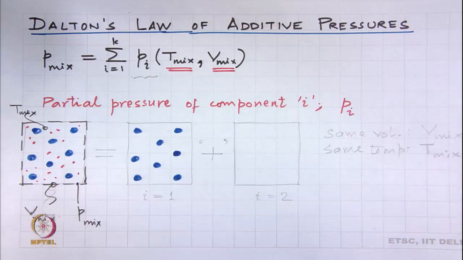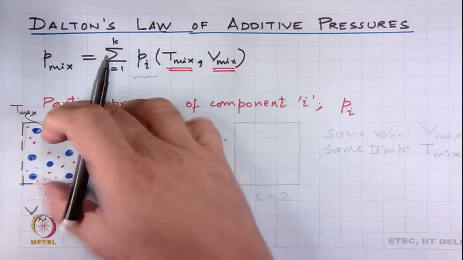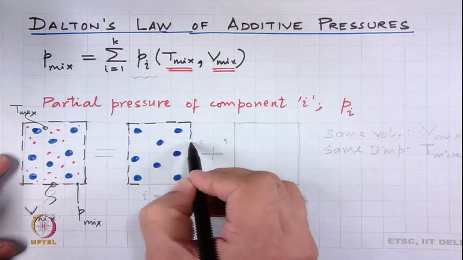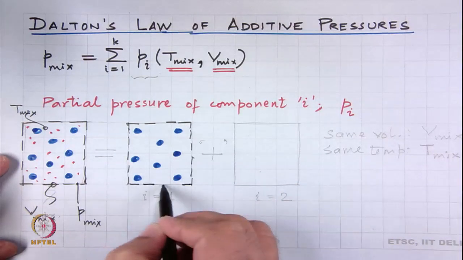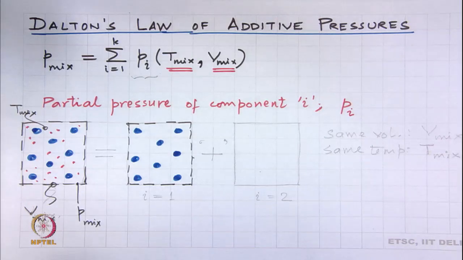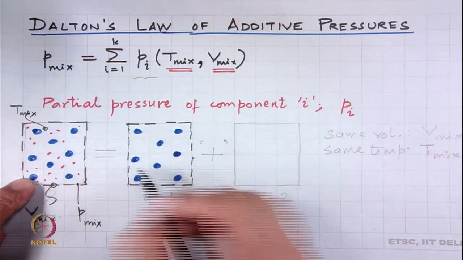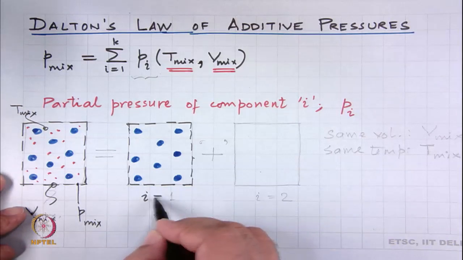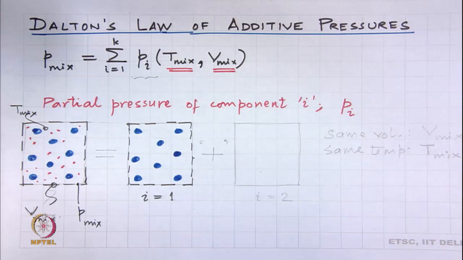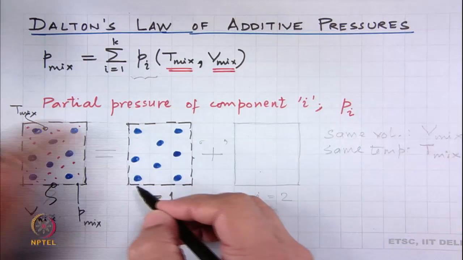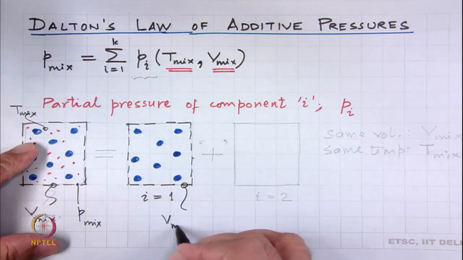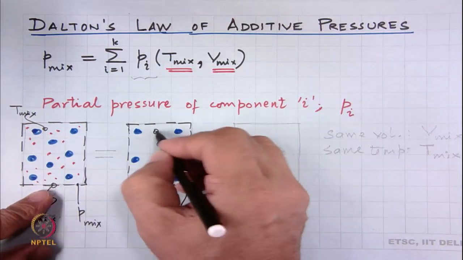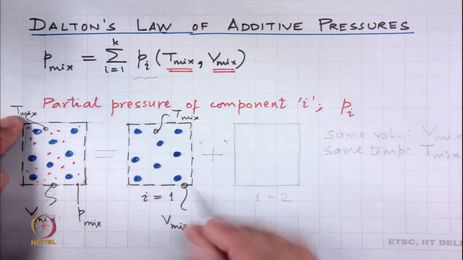And now what we are saying in Dalton's law of additive pressures is that if I take the same system and now I only place one type of these molecules in this, say the blue ones, which is species number 1, and because it is the same volume that we have taken here, this is V mix, same as this one, and we keep this at the same temperature T mix as the mixture temperature.